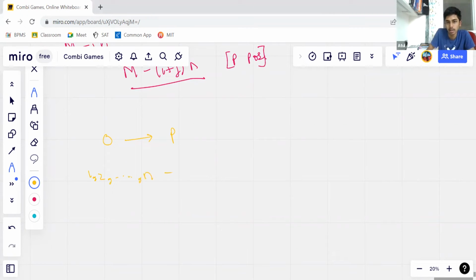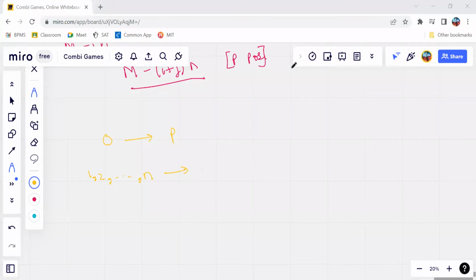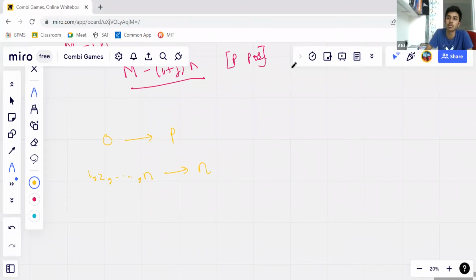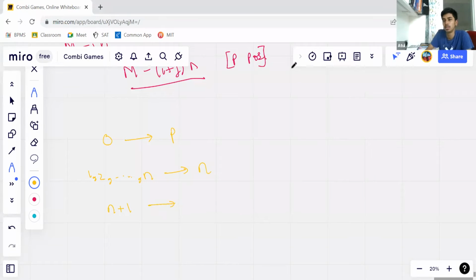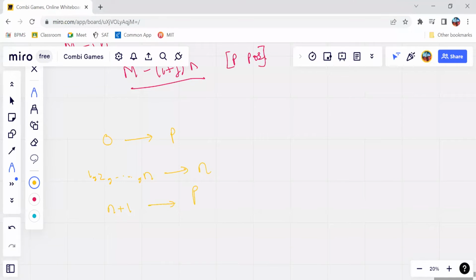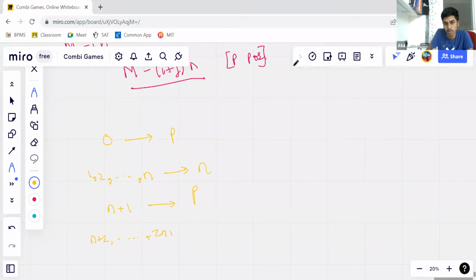So all the numbers from 1 till n, what are they? They are N positions, because you can go to 0 from these by subtracting. What is n plus 1? It is a P position. What are n plus 2 all the way until 2n plus 1?